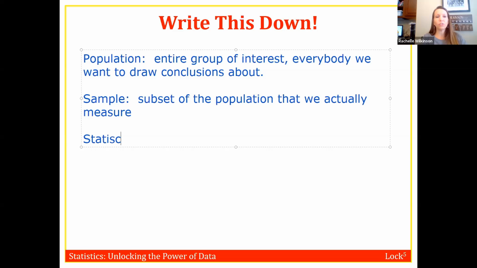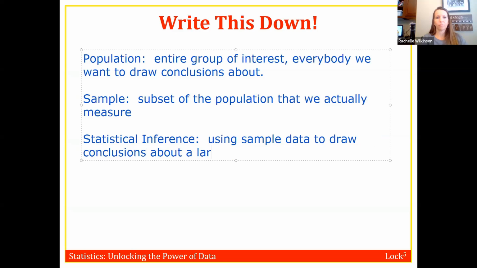Statistical inference is using sample data to draw conclusions about a larger population.